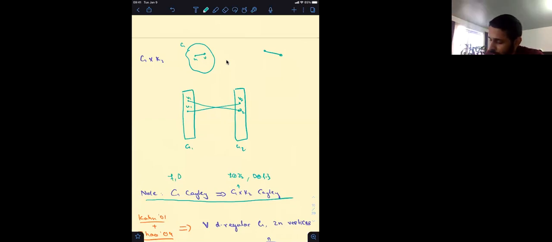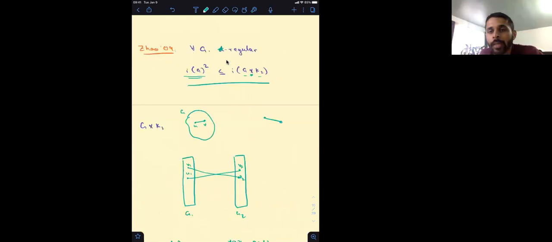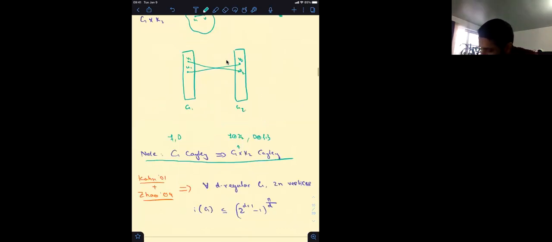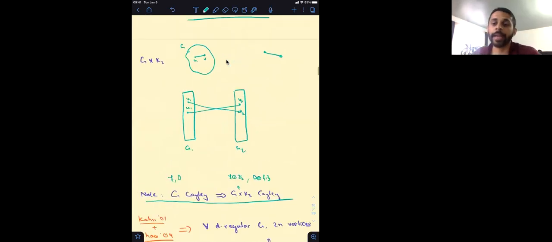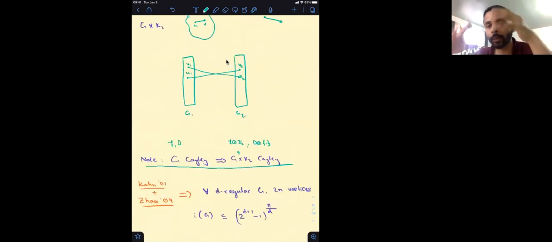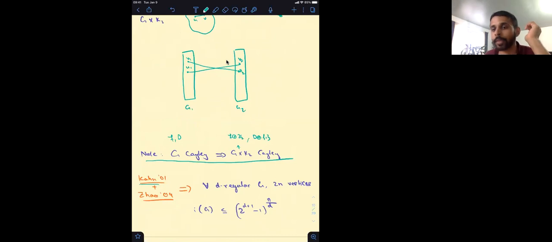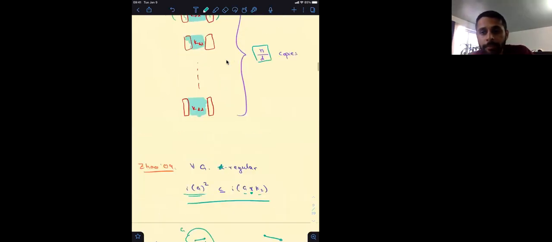Back to this discussion, what Zhao ends up showing is that you can basically reduce the independent set count of any graph to that of a bipartite graph, if you want an upper bound. So the results of Kahn and Zhao imply that for every d-regular graph on 2n vertices, the number of independent sets is at most this. In other words, the graph with the most independent sets among all d-regular graphs on 2n vertices is this particular graph.